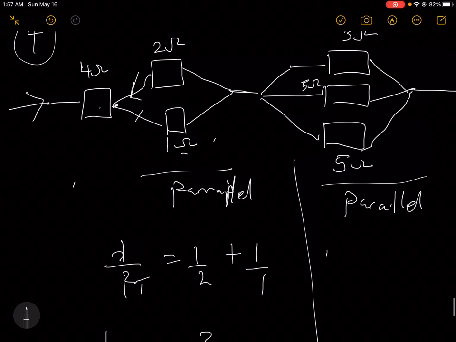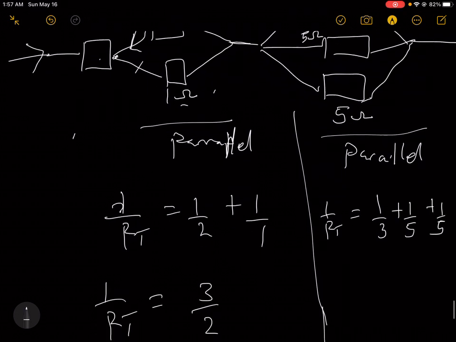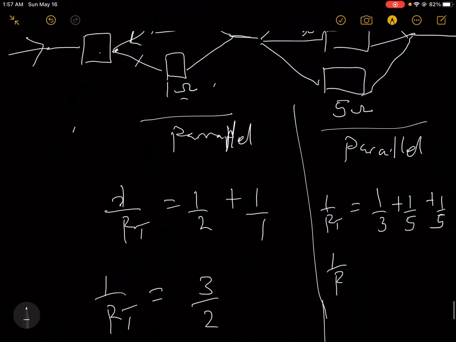So this will be 1 over RT is 1 over 3 plus 1 over 5 plus 1 over 5. Let me try and solve it.